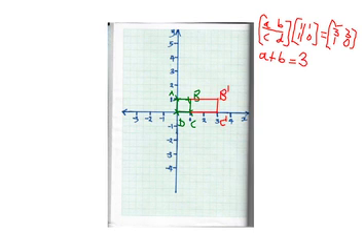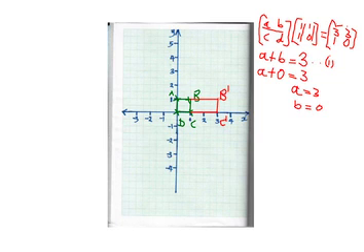Then we have the first row and the second column, where we'll have A times 1, which is A, plus B multiplied by 0, which is 0, equal to the second x coordinate, which is 3. So this means that the value of A is 3, and therefore the value of B will be equal to 0 from equation 1.